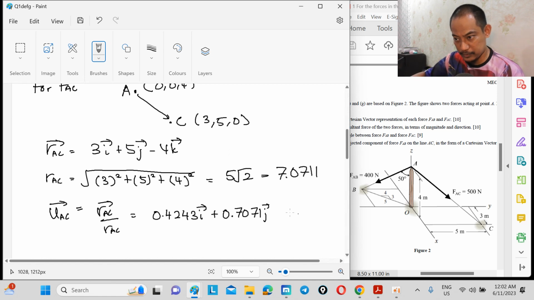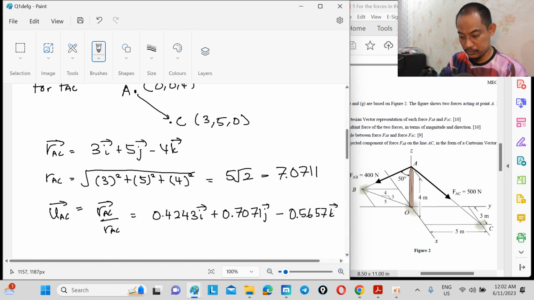And then minus 4 divided by 7.0711 gives 0.5657k. That's the unit vector.